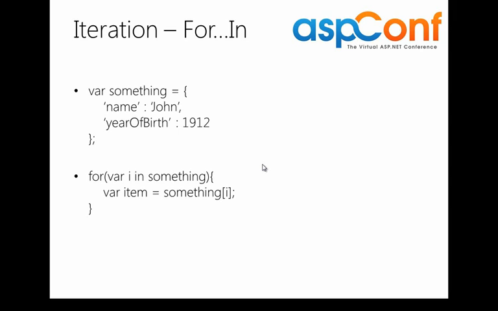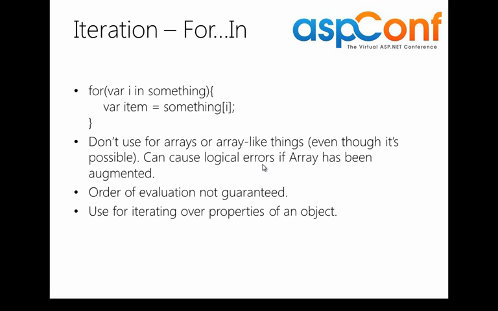The reason for this is that if somebody augments the base default library array type with more things, you will get those things in for-in loops as well. Also, the order of evaluation in for-in is not guaranteed. The order of evaluation in for loops is obviously guaranteed.